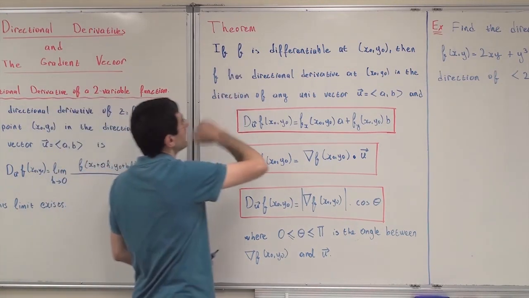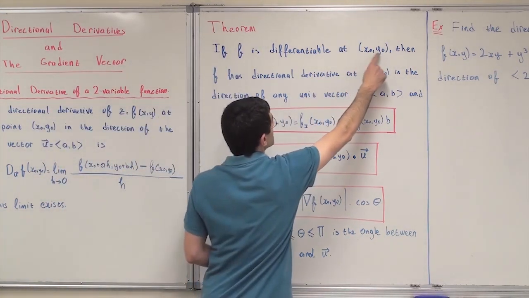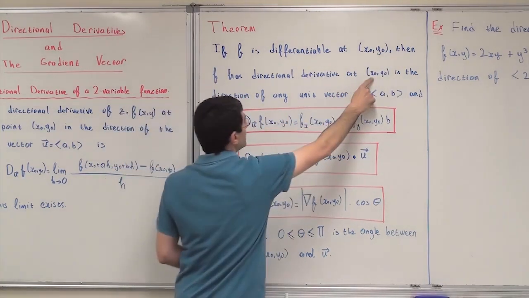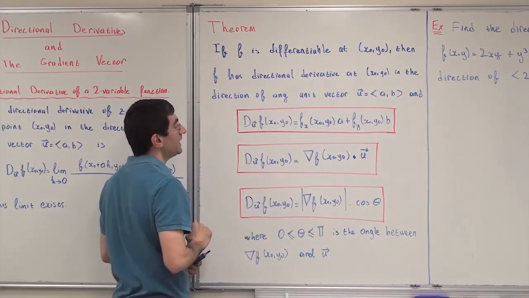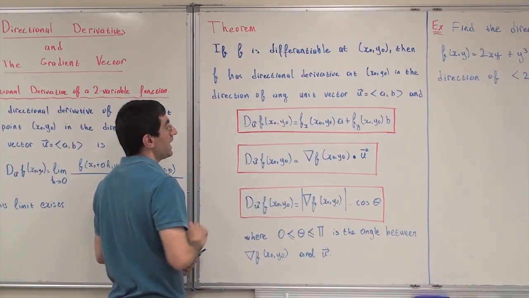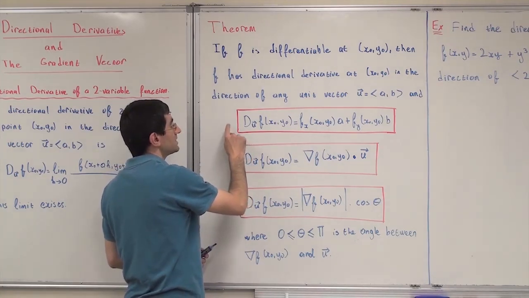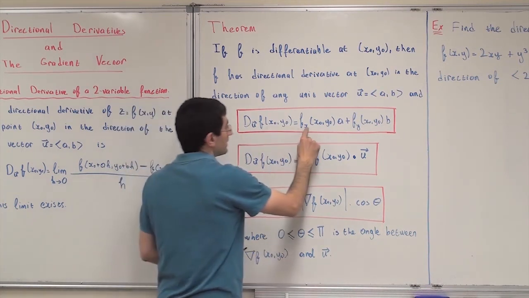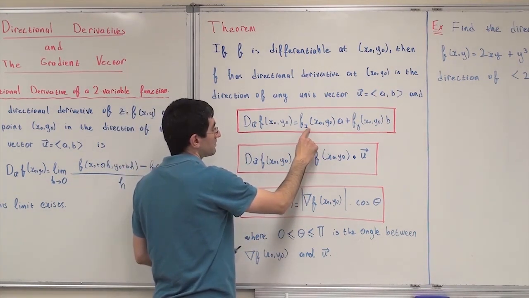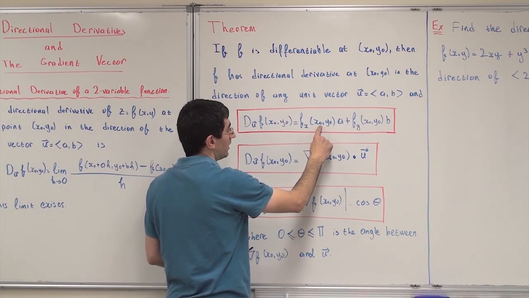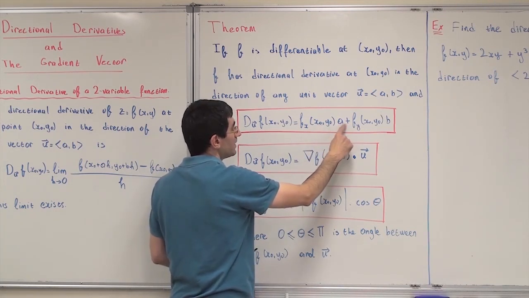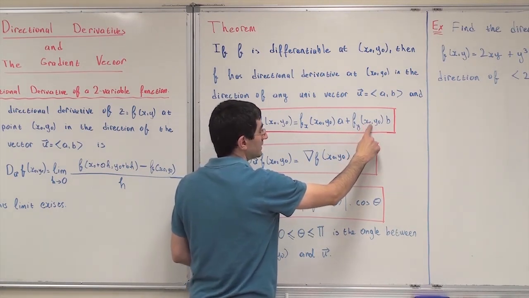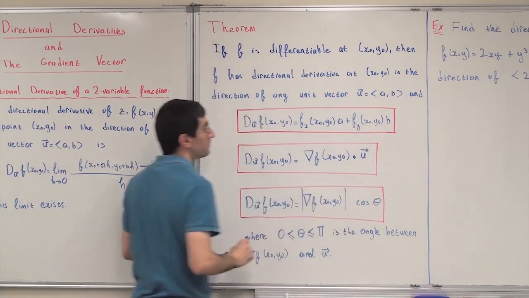Now, if f is differentiable at the point x0, y0, then f has a directional derivative at that point in the direction of any unit vector u equals a, b, and we calculate this directional derivative using the following formula: the partial derivative of f with respect to x evaluated at x0, y0 times a, plus the partial derivative of f with respect to y evaluated at the point times b.